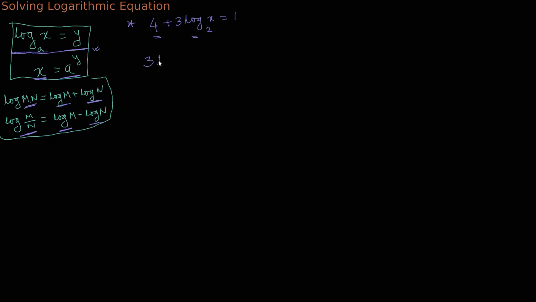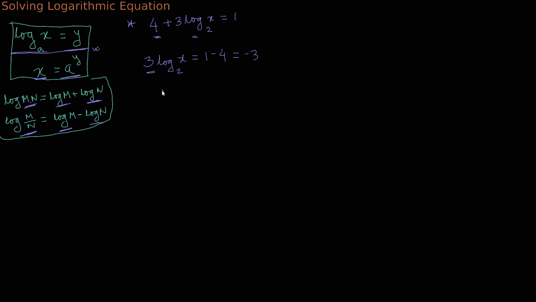So 3 logarithm x base 2 will be 1 minus 4, which is equal to minus 3. Now on the left hand side I have a multiplier of 3, so let's divide both sides by 3.